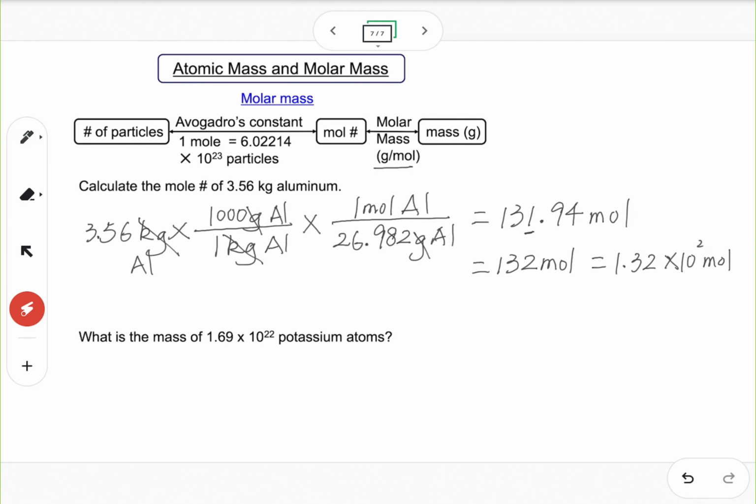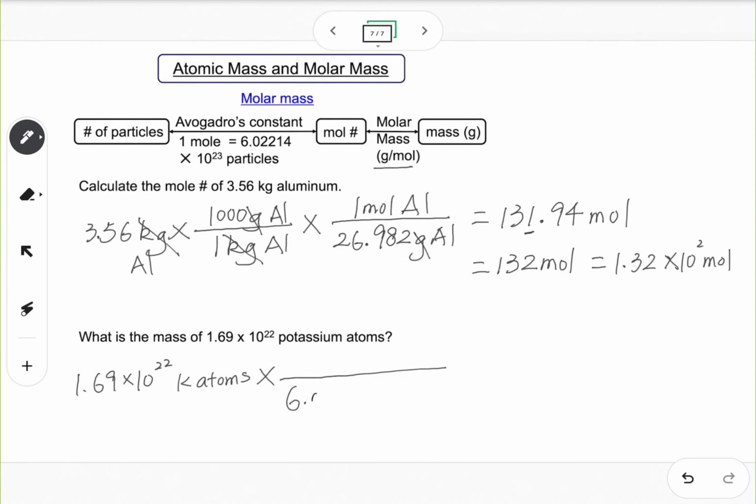Okay, let's set up the equation. 1.69 times 10 to the 22 potassium atoms times Avogadro's constant, this many potassium atoms is 1 mole potassium. All right, now if you get rid of this part, you will have mole.